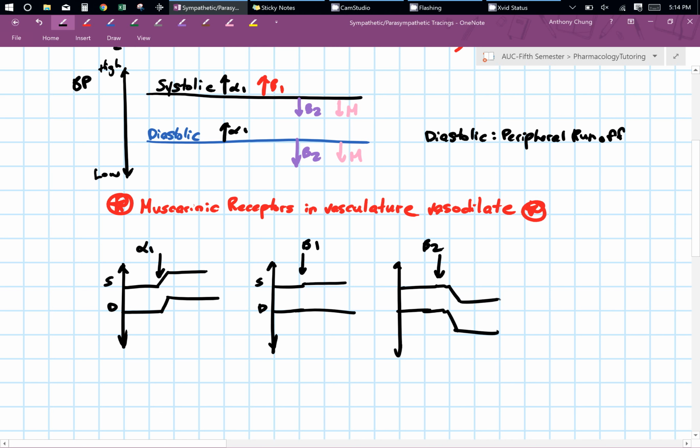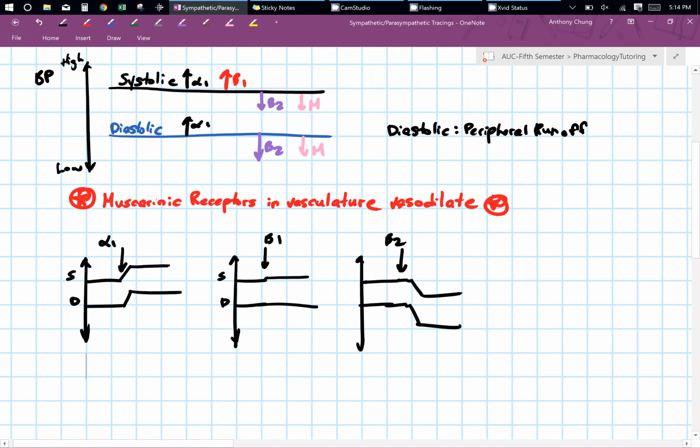Sometimes in their little pictures, they might show like alpha, they might do like, ooh, it goes up like that. Yeah, like the drugs do wear off at one point, but I'm just going to draw it like that just so you know that it went up a certain amount. But if the drug does wear off, then it will go back to the baseline. Just be aware of that. All right, and then last one, how about muscarinic?